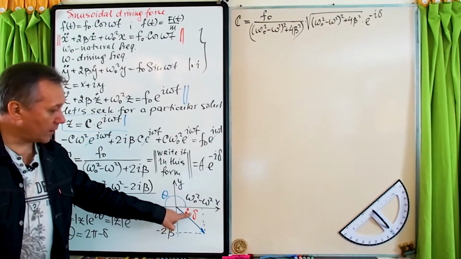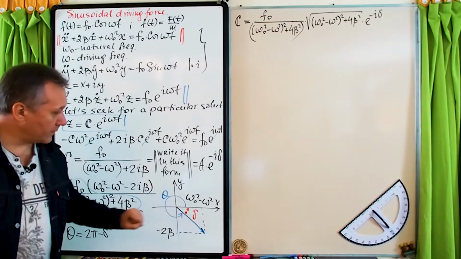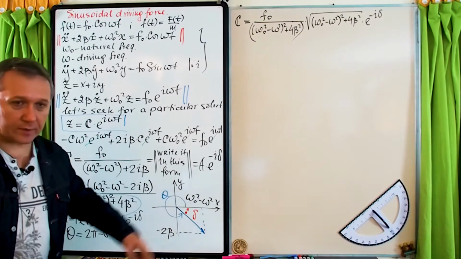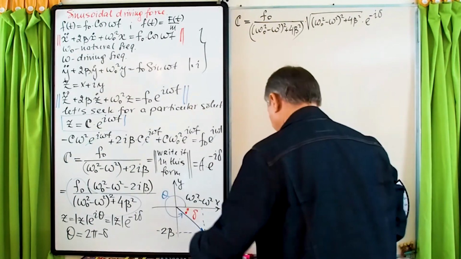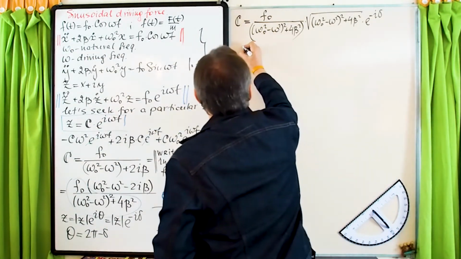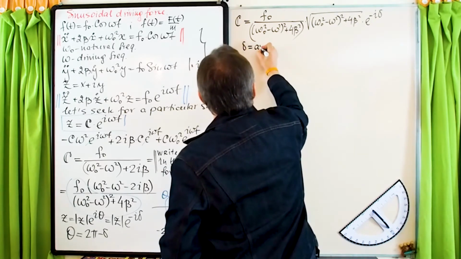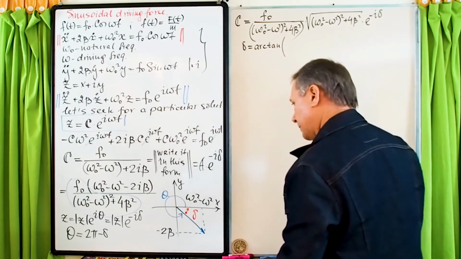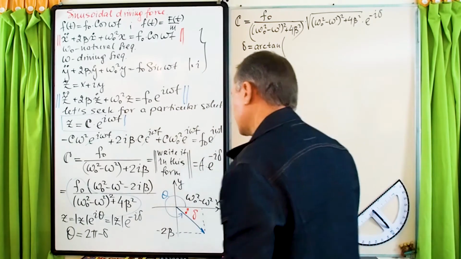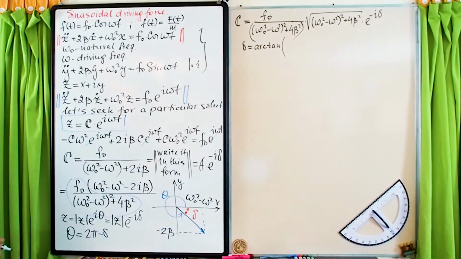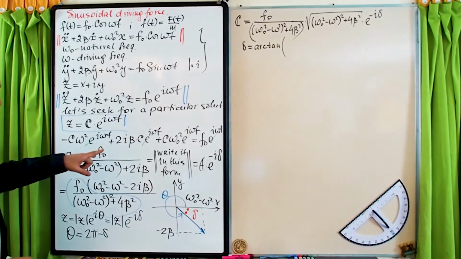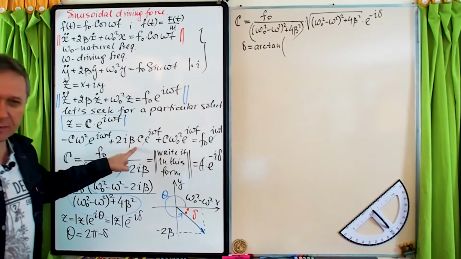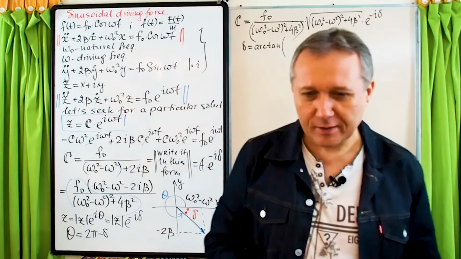So delta, of course, I can write also immediately. So it will be arctangent of 2 beta divided by that. So where delta equals arctangent of 2 beta. Oh, hold on. Why didn't you tell me anything, right? So I missed omega here because I'm looking, something is not correct, and it bugs me.